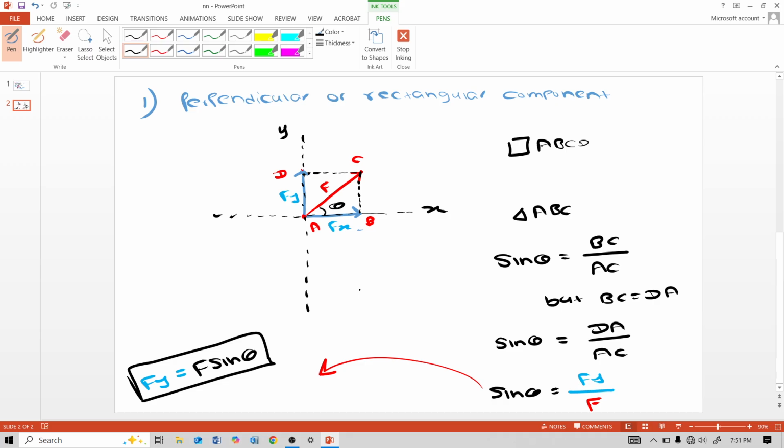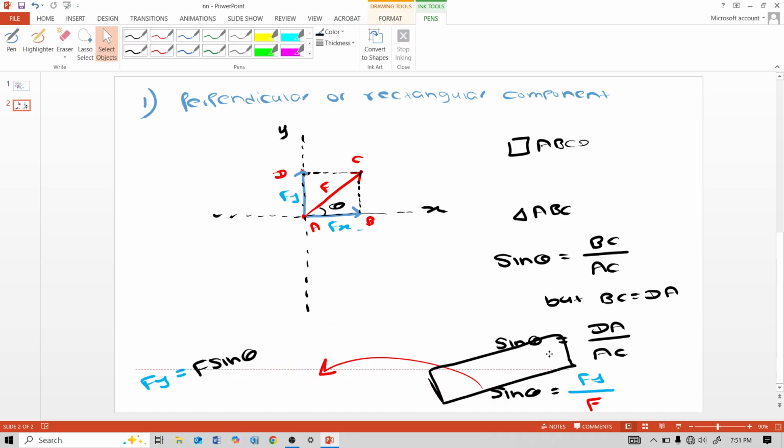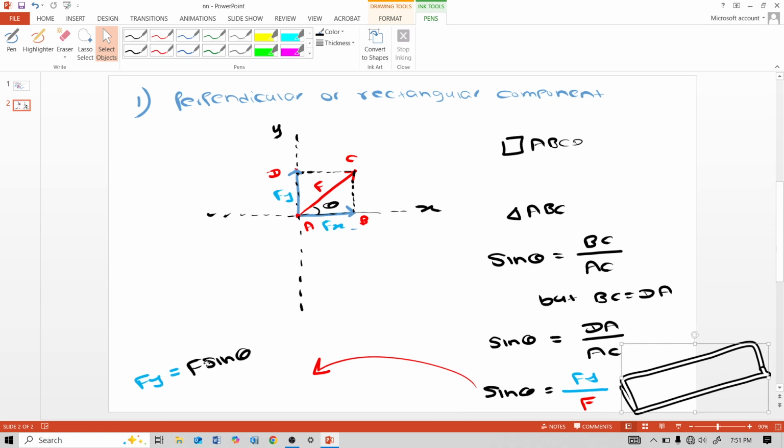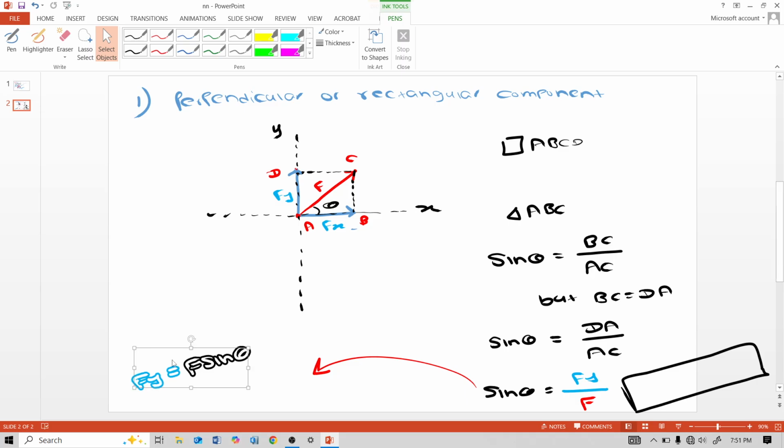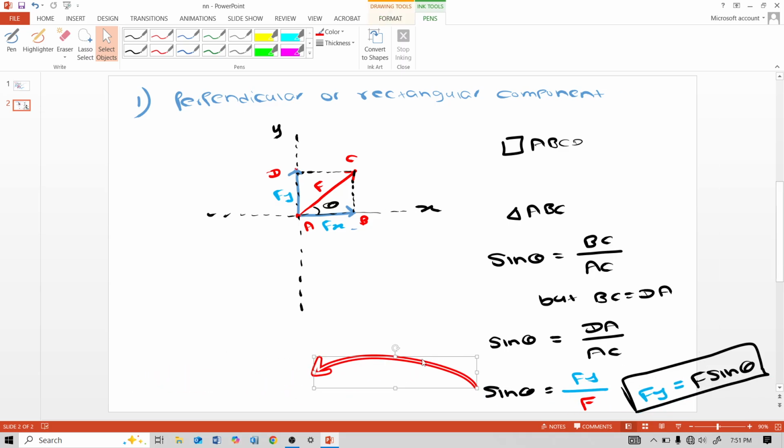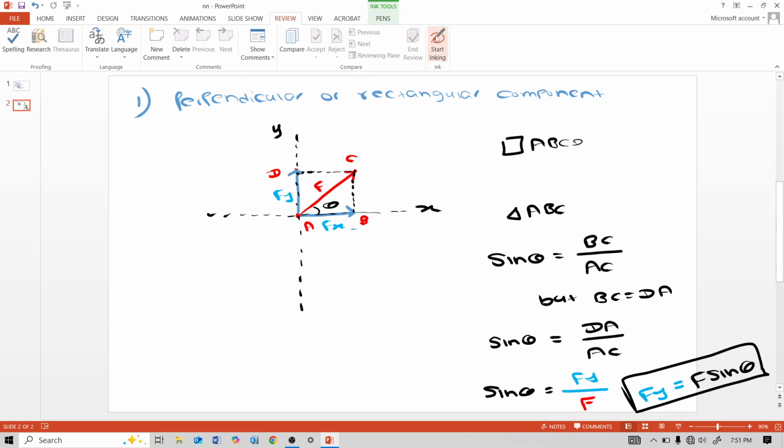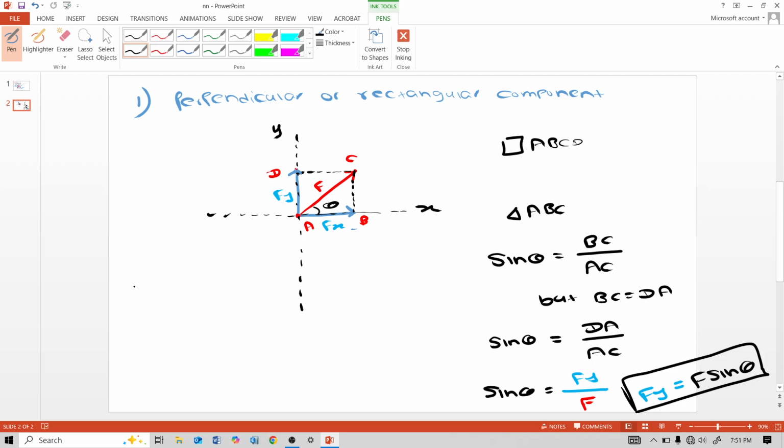Now what we will derive next. Cos theta is equal to adjacent side upon hypotenuse.